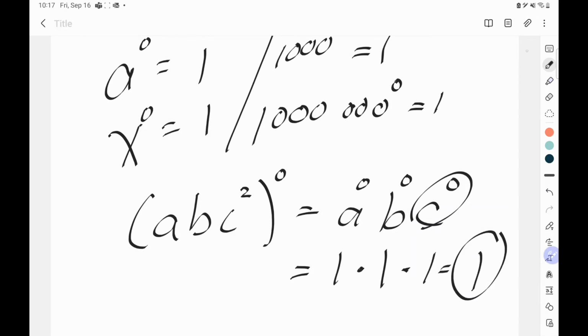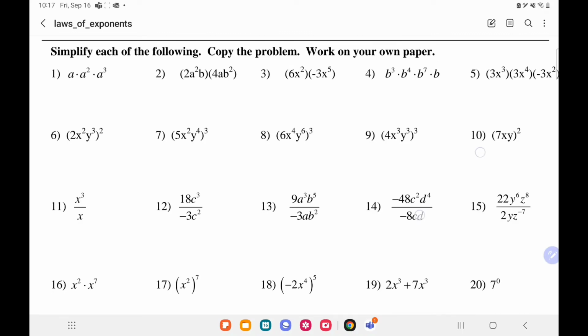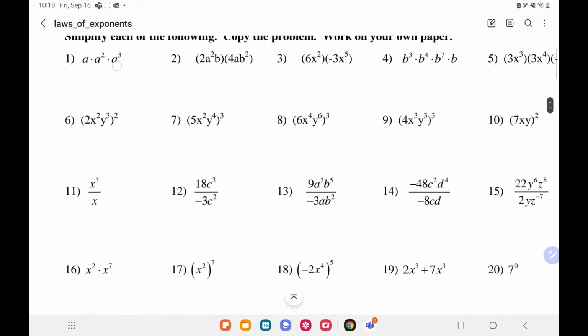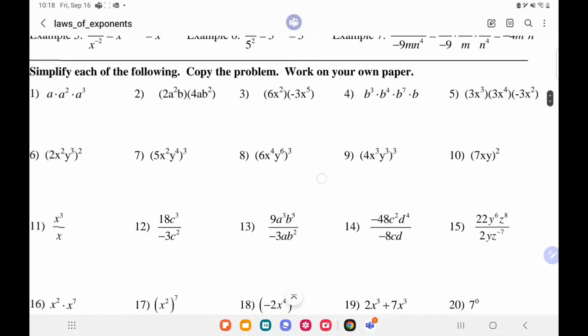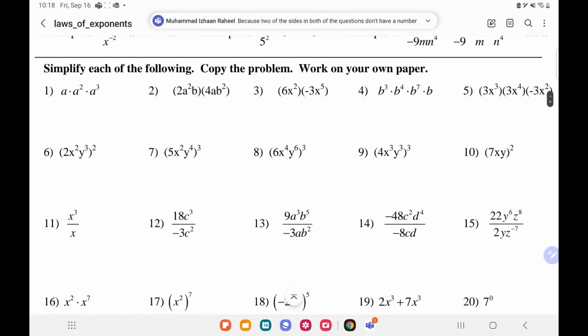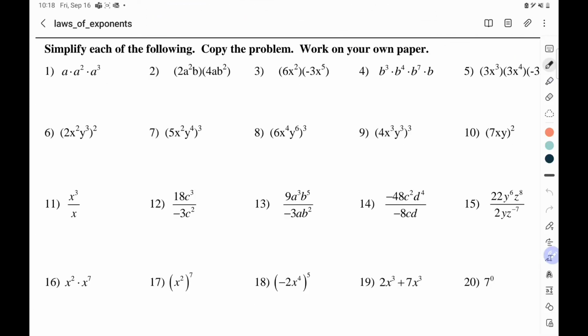Now let us try to answer some questions. Let's go with number 1. We have a squared times a to the power of 3.